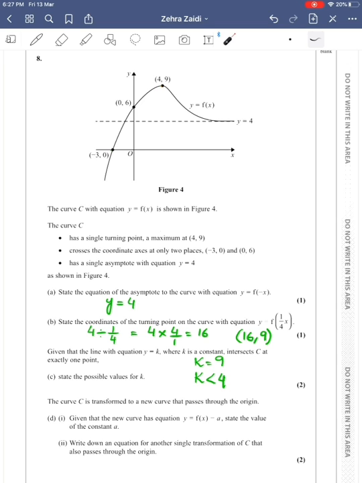So now we need to slide our curve in such a way that it passes through the origin. So we need to focus on this point, because this is the point that can slide and come down to the origin, because this is a transformation which pulls the curve down as it is.